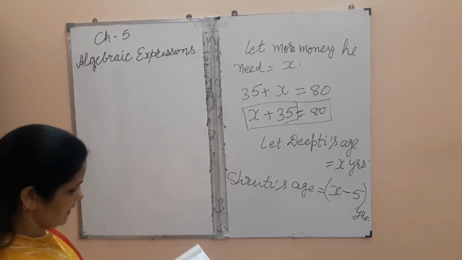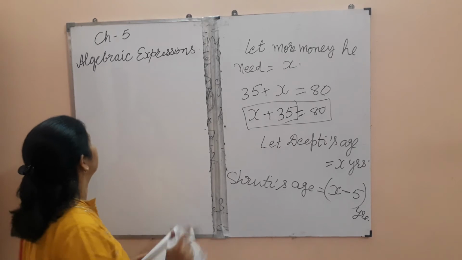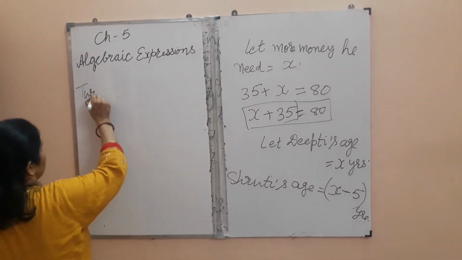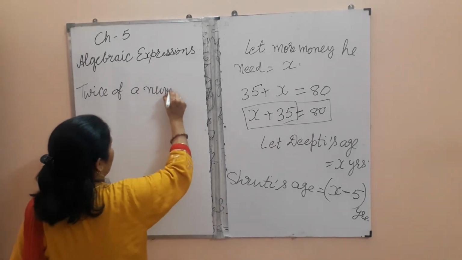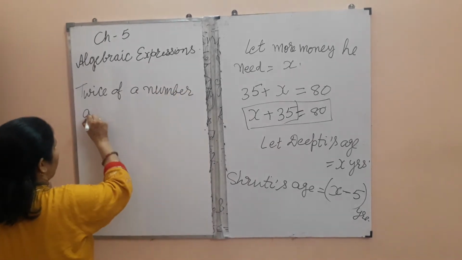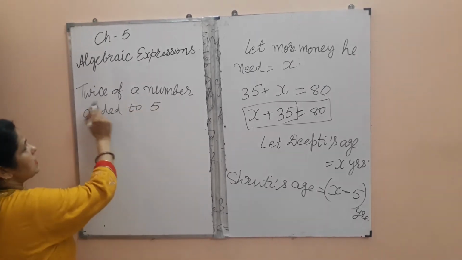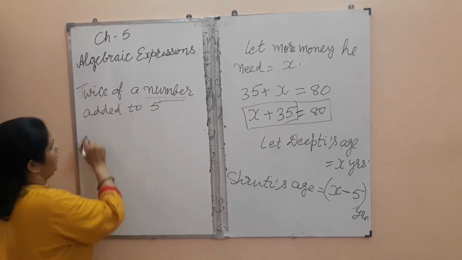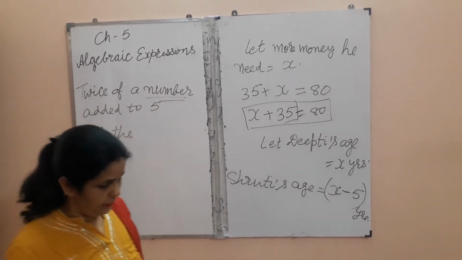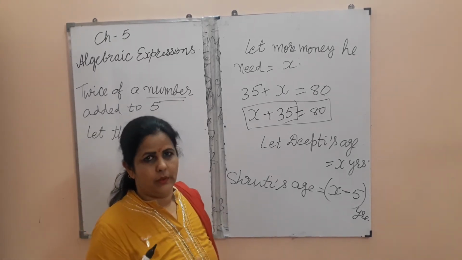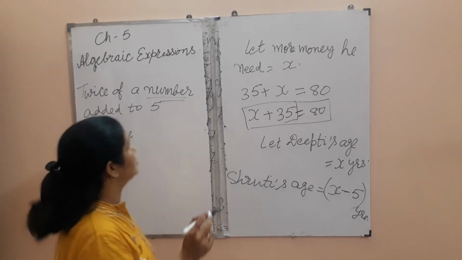So the first example is: twice of a number added to 5. Twice of a number. We don't know the number. So let the unknown value, for the unknown value we use a variable.